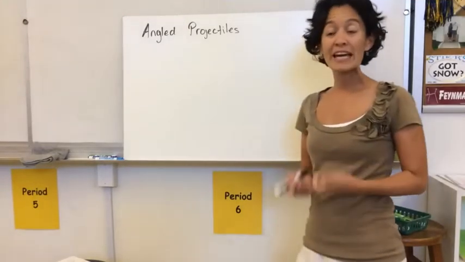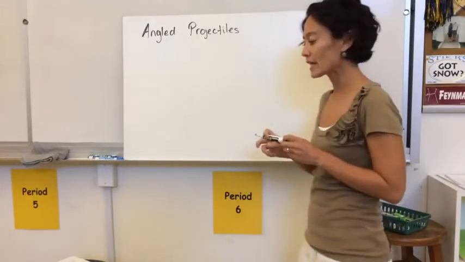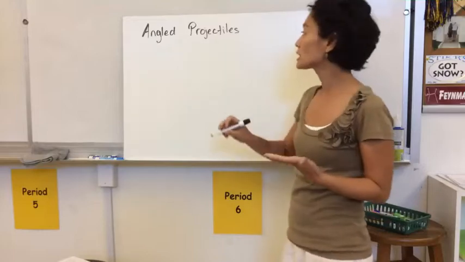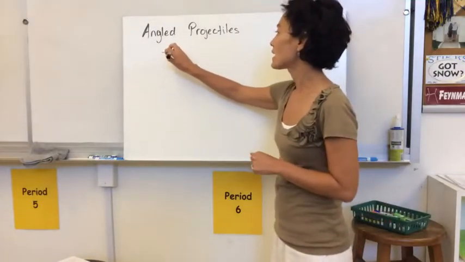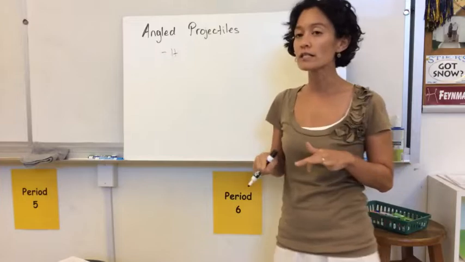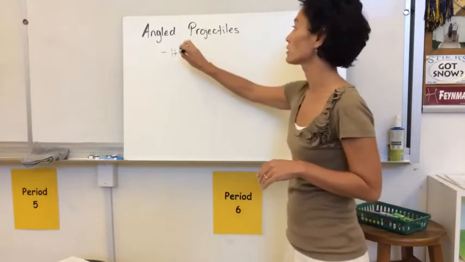Okay, so we're going to talk about angle projectiles, and the key thing that is going to be different with an angle projectile is that it has an initial velocity in both the x and the y direction.